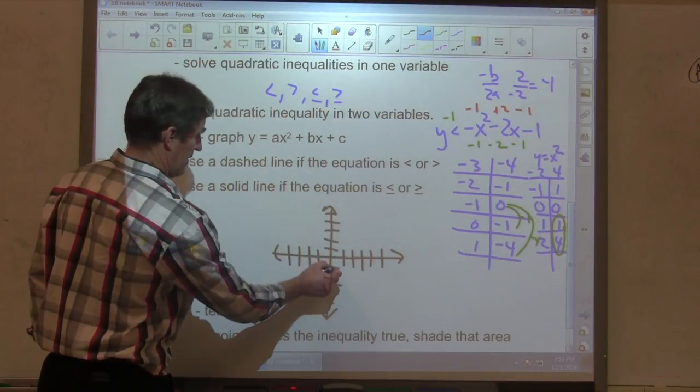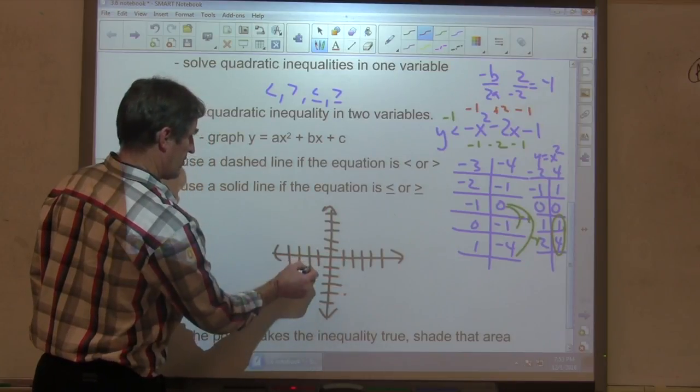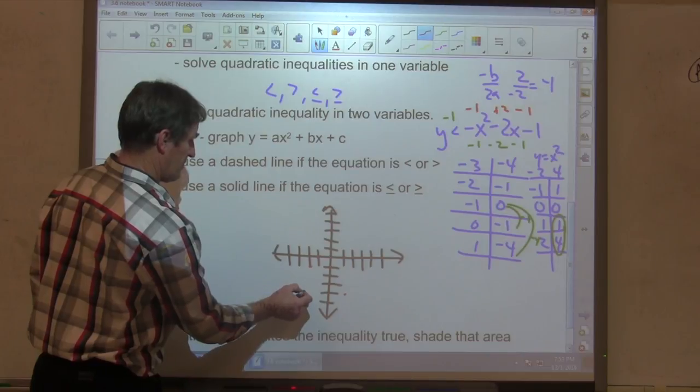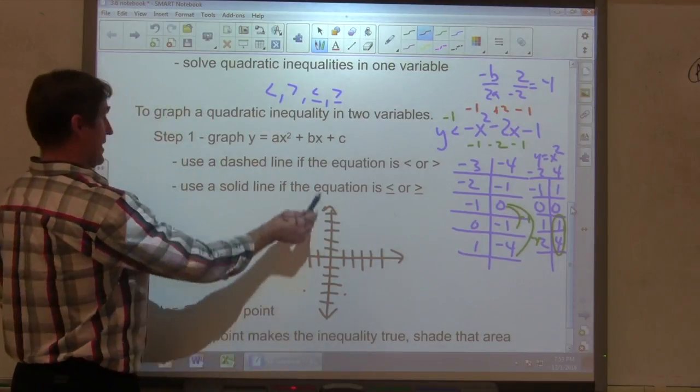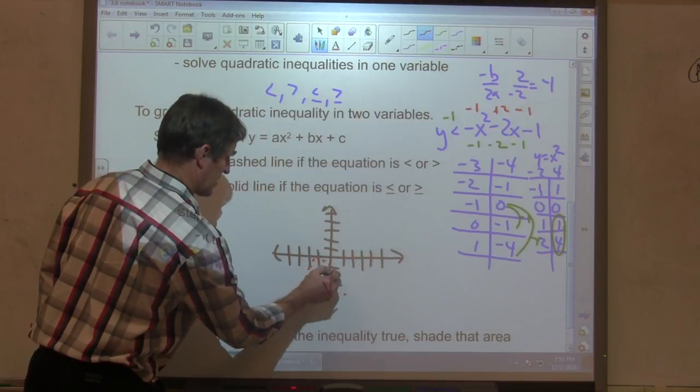At 0, we're at negative 1. At 1, we're at negative 4. And so here, it's symmetrical again. Now we look at this, and because it's less than, that would be a dotted line, or dashed line.